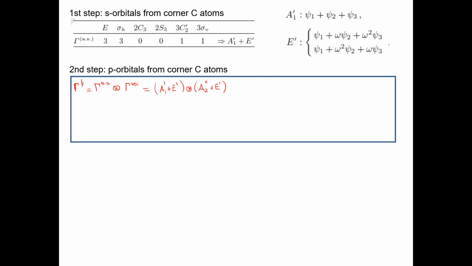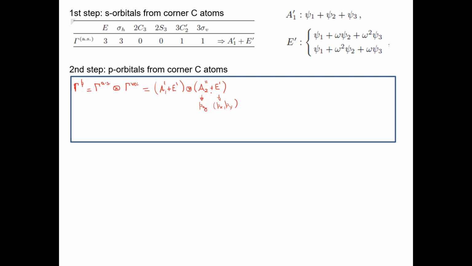And I already start noticing that this comes from the Z coordinate. So if I think about p orbitals, this will be related to the pz orbital, and this will be related to the px py orbitals. It's important to keep that in mind.